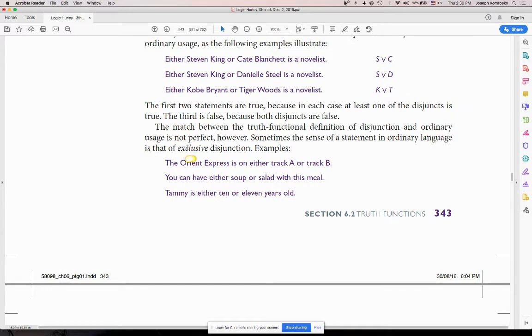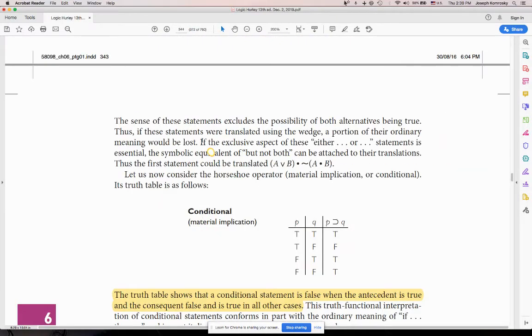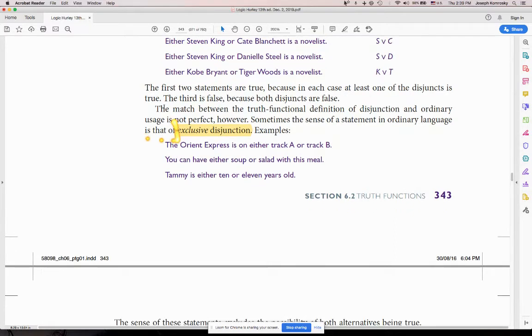You can read about exclusive disjunction, and it talks about ordinary language. I'll let you read about that, which is important, and I will even highlight it. Once again, I won't exhaust everything in these sections, but I'll point out what I think is important.